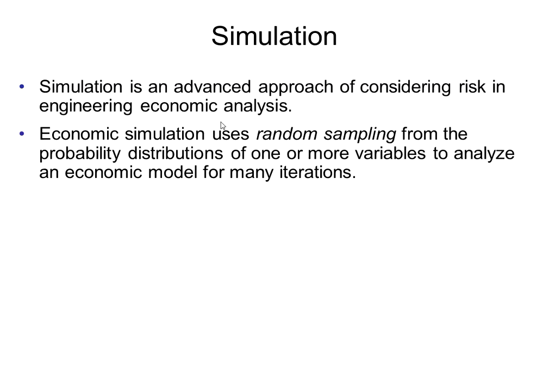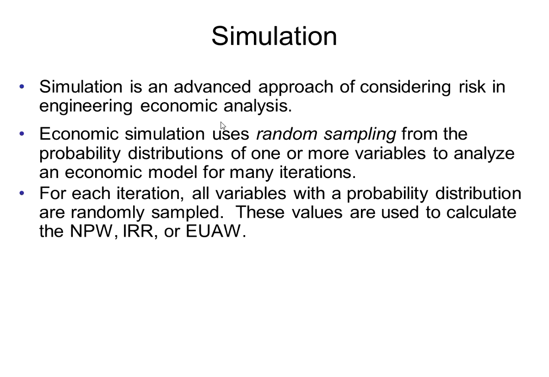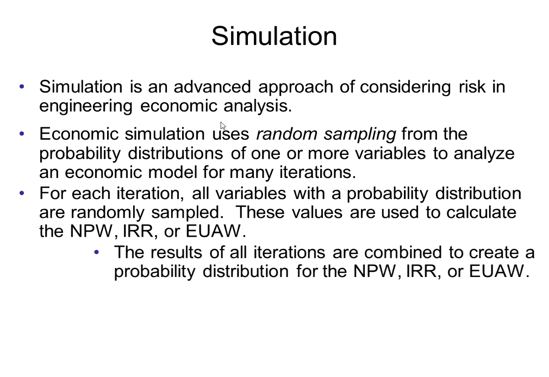So rather than considering all the different possibilities and all the branches in the tree, we're randomly picking from the probability distributions of one or more variables to analyze the economic model for many iterations. And for each iteration, all variables with probability distributions are randomly sampled, and these values are used to calculate net present worth, internal rate of return, and equivalent uniform annual worth.